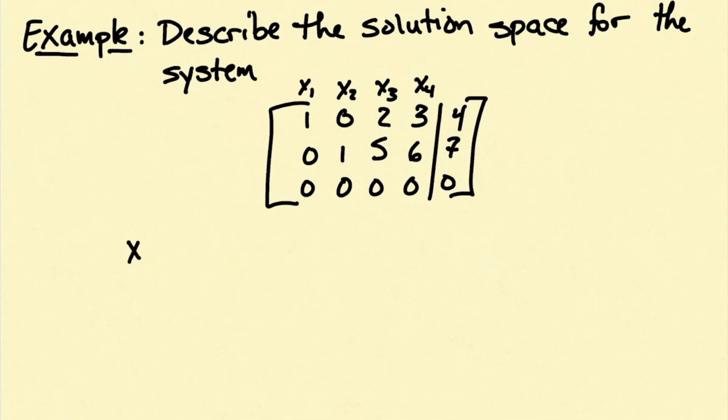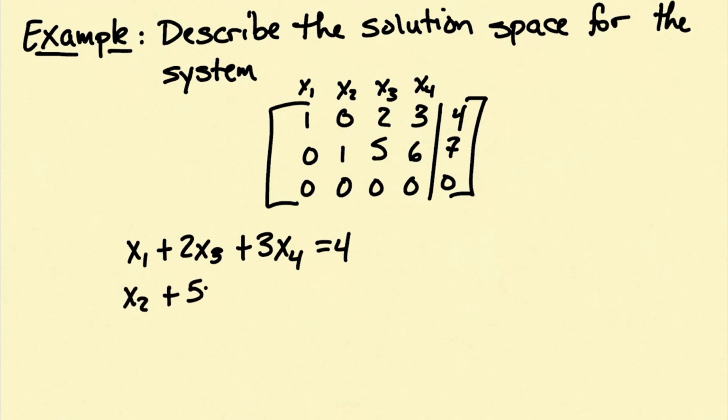The first equation tells us that x1 plus 2x3 plus 3x4 is equal to 4. The second equation tells us x2 plus 5x3 plus 6x4 is equal to 7. And finally, our third equation is 0 equals 0. It's satisfied for any choice of x1, x2, x3, and x4. As a result, we can get rid of it.